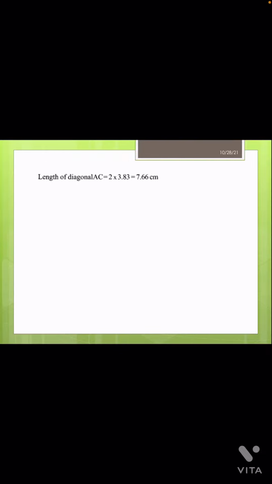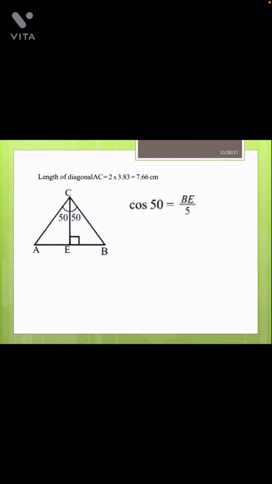Length of diagonal AC is equal to 2 into 3.83. It is 7.66. And cos 50 is equal to, from the figure we can write BE divided by 5, or BE is 5 multiplied by cos 50. It will be 5 multiplied by 0.6427, which will be 3.21.